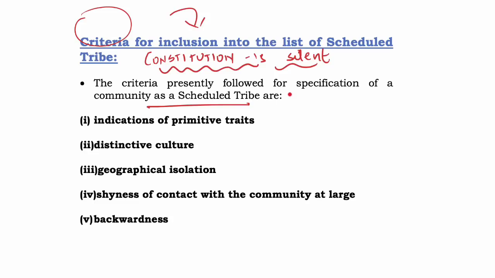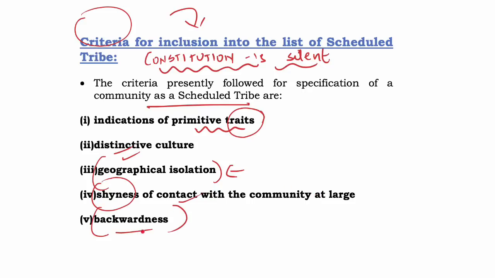As the constitution is silent, the criteria presently followed for the specification of a community as a scheduled tribe are indication of having primitive traits, a distinctive culture being followed by them, living in geographical isolation from the world, shyness of contact with the community at large, and existing backwardness.